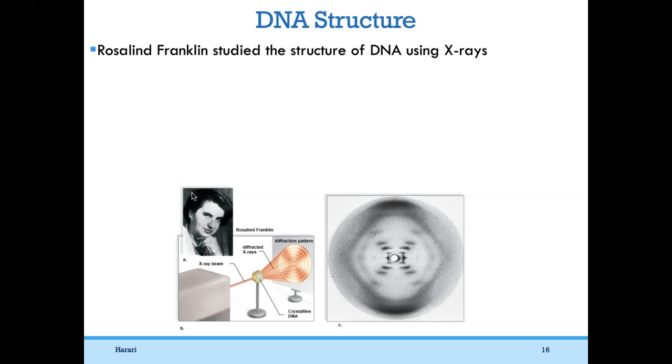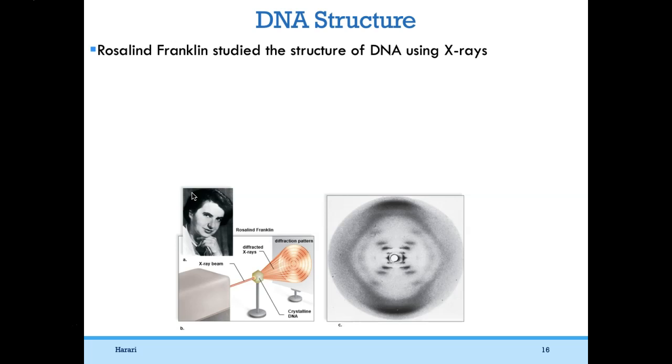So Rosalind Franklin was not very famous at her time, but is now very well known as one of the most famous female scientists who was instrumental in discovering the double helix. A lot of people know about Watson and Crick. Not as many people know about Rosalind Franklin, because without Rosalind Franklin, Watson and Crick would have never had their discovery.